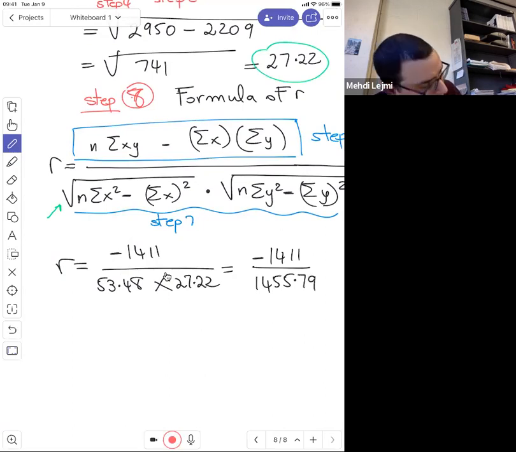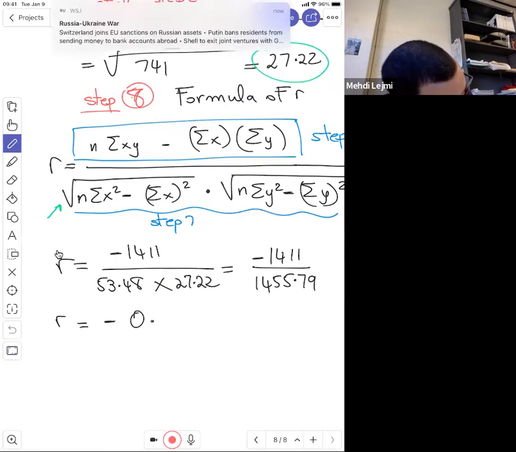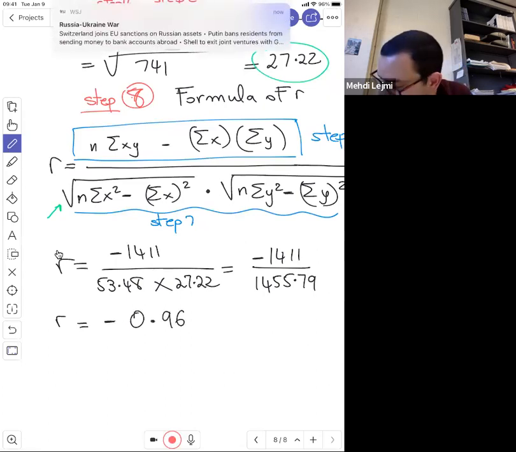Now you divide, it's negative 1411 over this 1455.79, and the answer is that R is negative 0.969.